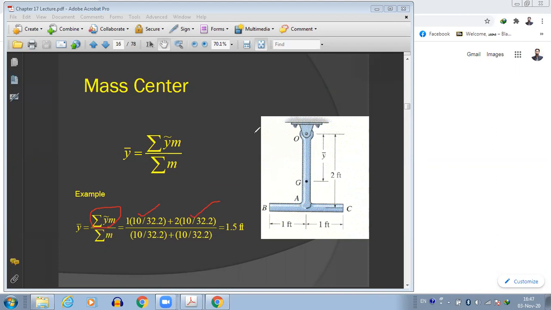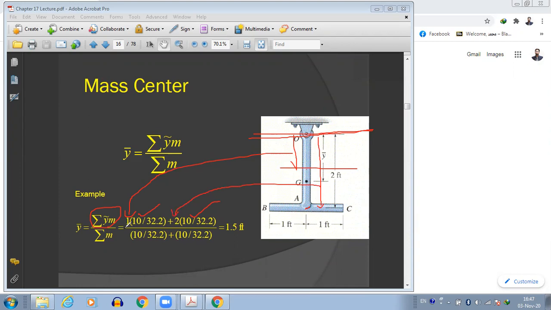If we consider from the top edge, y bar times m for this specific object: this will be the center of it. Since this is 2 feet, the center of it will be 1 foot. And if we consider the center for BC from our reference point, that will be 2 feet for the second rod.